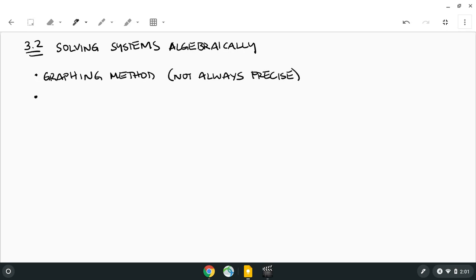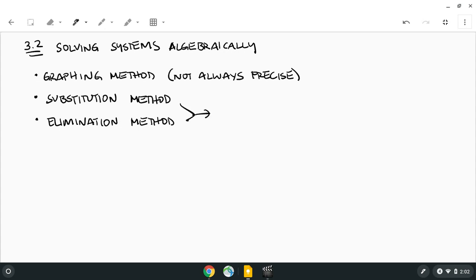Okay, so we are going to look at substitution method, and we are also going to look at elimination method. So these are the two methods that are algebraic, and these are precise.